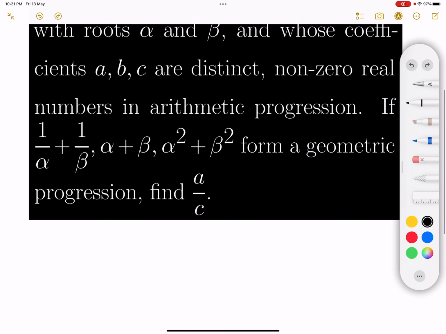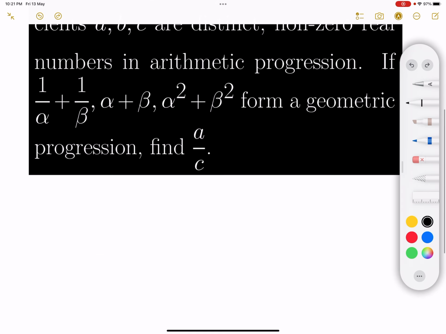First of all, I will start with the quadratic equation, ax squared plus bx plus c equals 0, and we can normalize it by dividing every element by a.